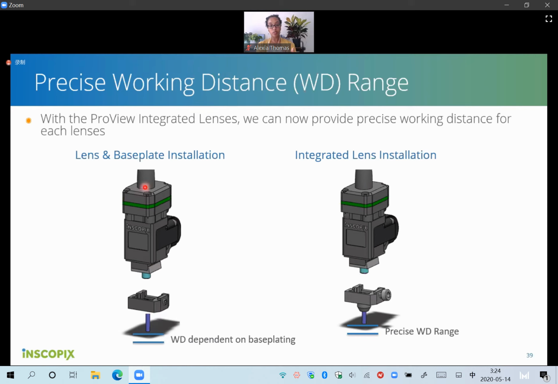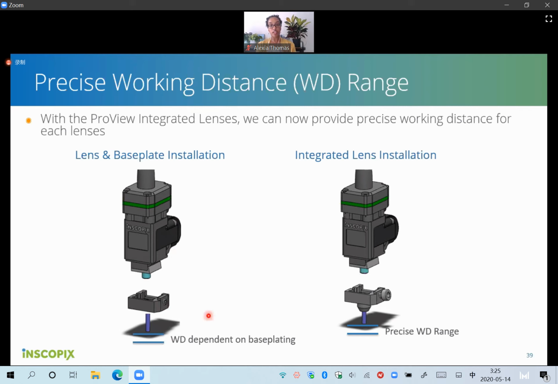In a typical standard workflow, you would have the GRIN lens implanted first, and then your base plating. We can give you the working distance of each of our lenses, and we have a range for each of the lenses. However, where this range will end up lying depends on where you base plate. Like Alexia mentioned, even though the microscope has about 300 micrometers of range in Z, you could be completely out of the range.